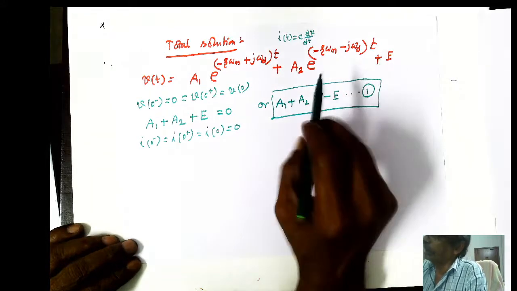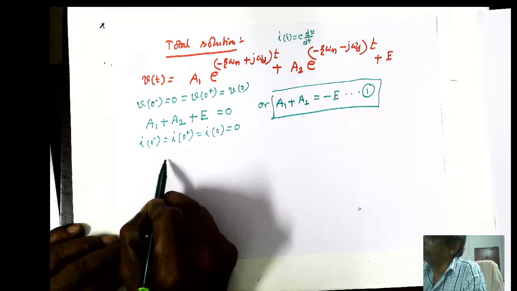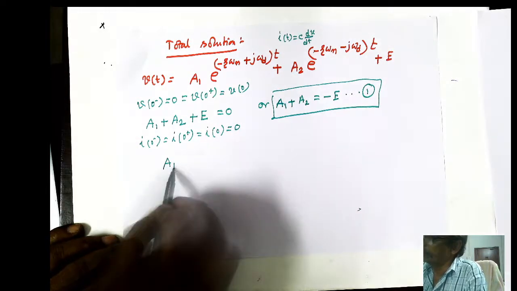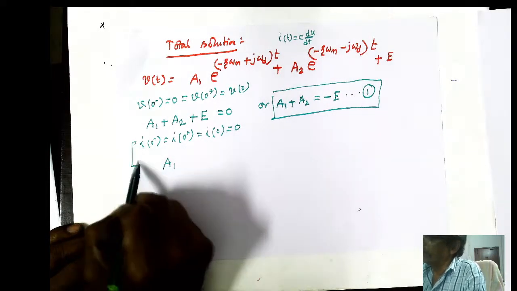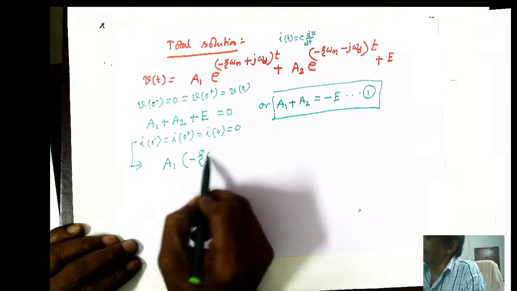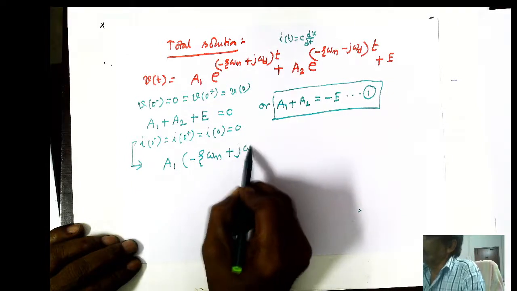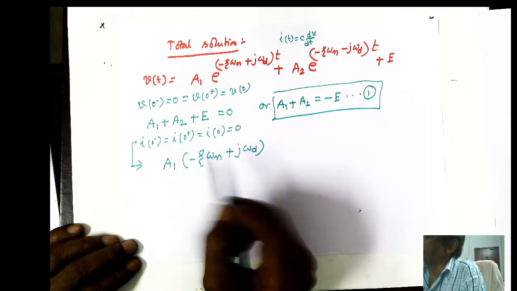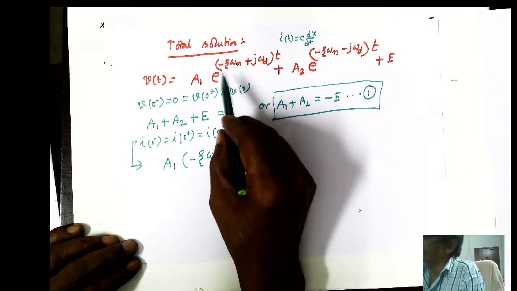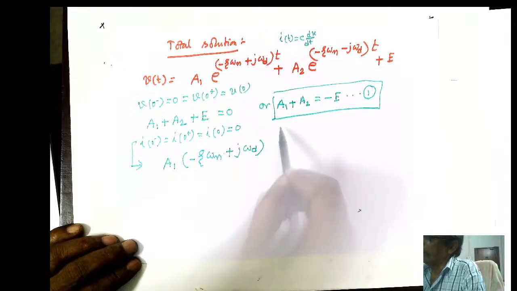So it will then become equal to A1. This condition gives you A1, and this will come as coefficient minus zeta omega n plus j omega d into e to the power this thing, once again e to the power, but t equal to 0, so that thing does not come, and C dV/dt.